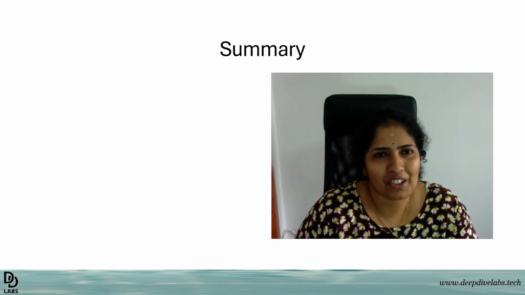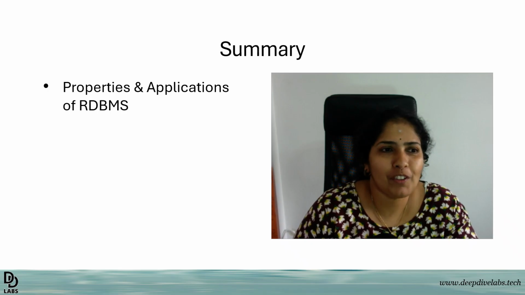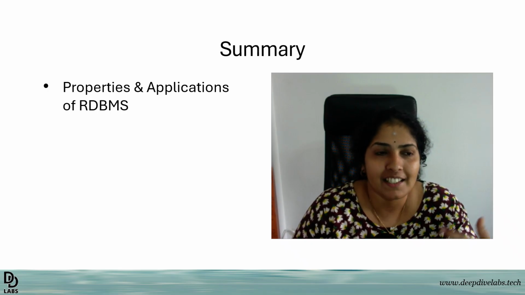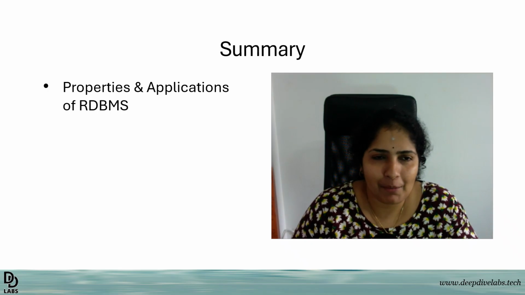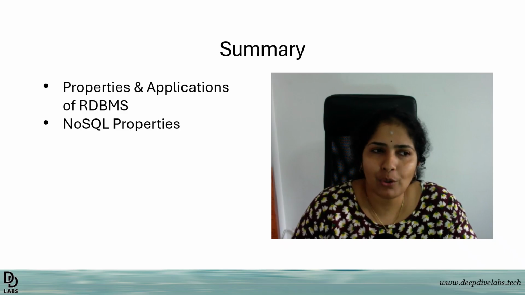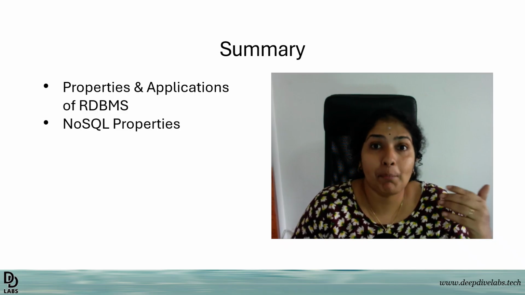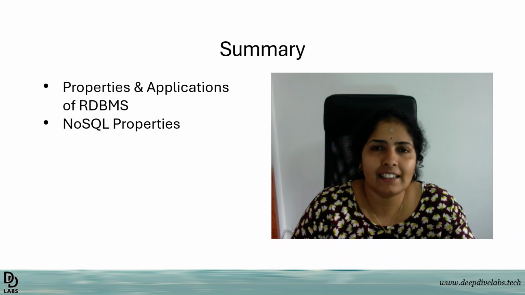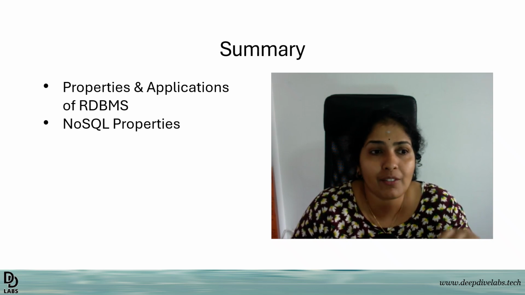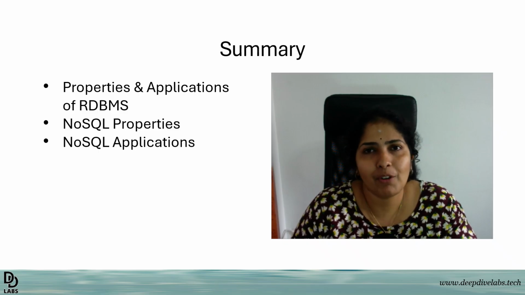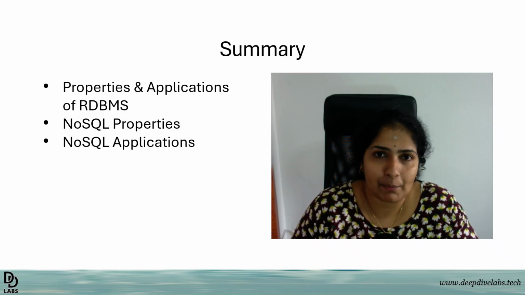Let's summarize what we have learned in this module. We looked at some of the properties, like the ACID properties of RDBMS, which are very important, and some of the applications of RDBMS in a lot of the traditional applications that we are used to, right? Then we looked at NoSQL properties, the BASE properties, and then the CAP theorem, right? Things that you need to remember while working with NoSQL databases. We also looked at some of the applications of NoSQL databases, right?